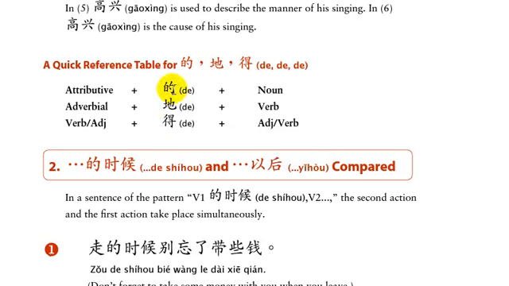So in a sentence with the first de, it's an adjective plus de plus a noun. Okay, so the adjective, or the attributive, is working with the noun, like a blue pencil, for example. Okay, the second de is dealing with an adverbial.